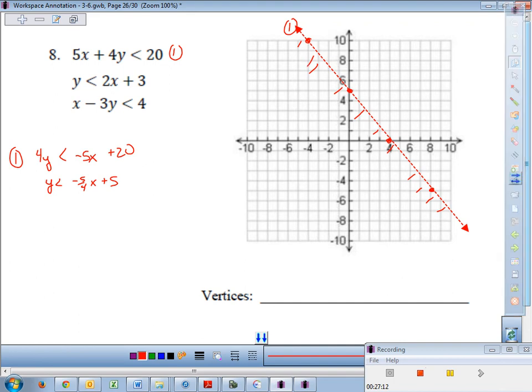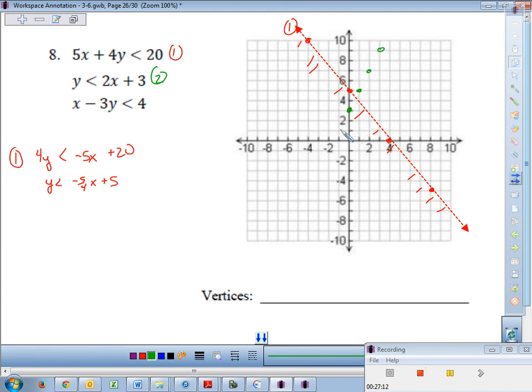You want to try to put as many points as you can because you're hoping to get a dot on top of another dot. If it doesn't happen, I would probably solve that system with the matrix. Then, number 2 is already in slope-intercept form. Goody for us. See if we get a dot on top of a dot. Rise 2, run 1. Oh, that ain't happening at all, is it? Rise 2, run 1.